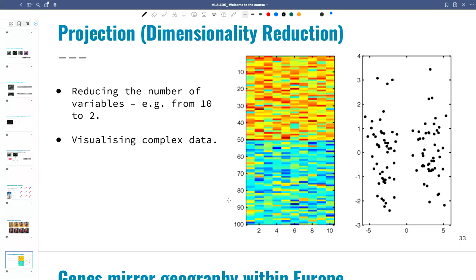Closely related to clustering, I would disagree that the projection is unsupervised learning, but closely related to clustering or unsupervised learning is projection, okay? And this is kind of important, but it's not learning. Projection is not learning. It is about dimensionality reduction.